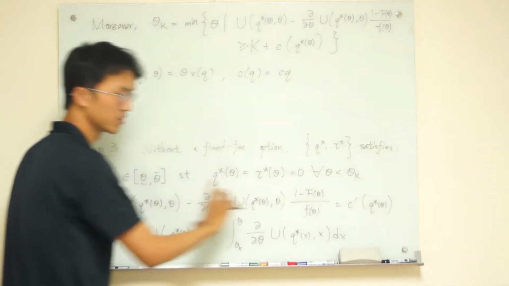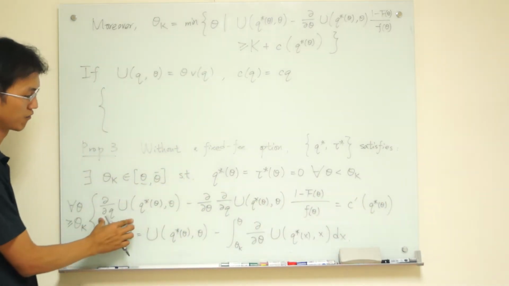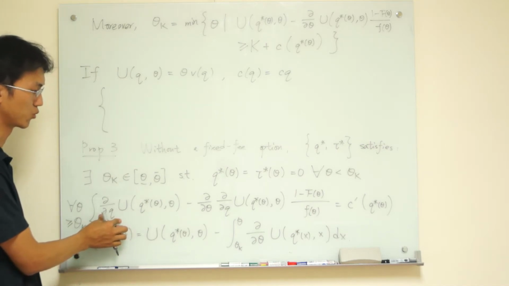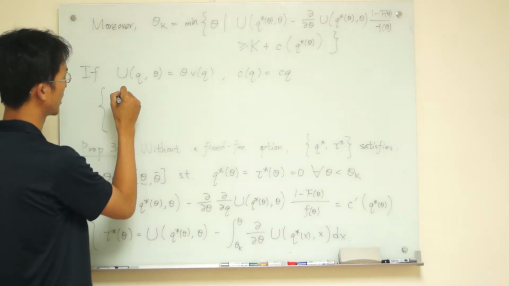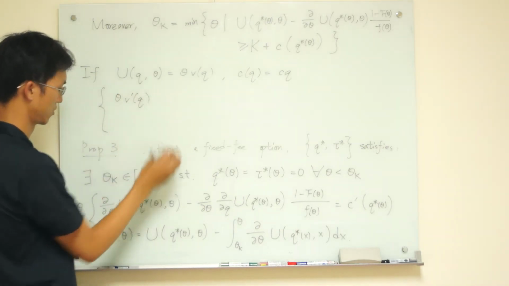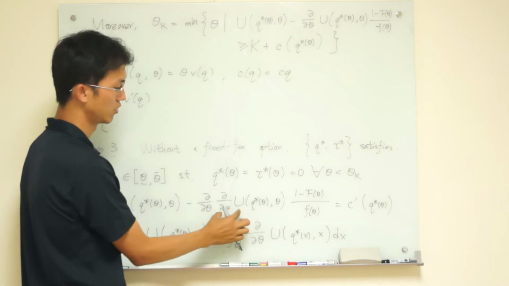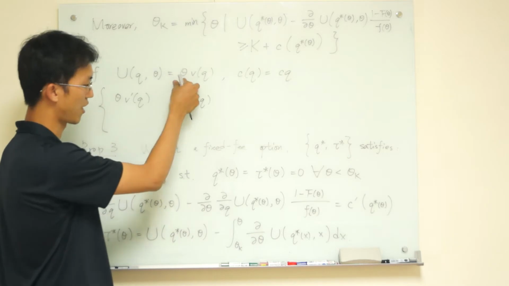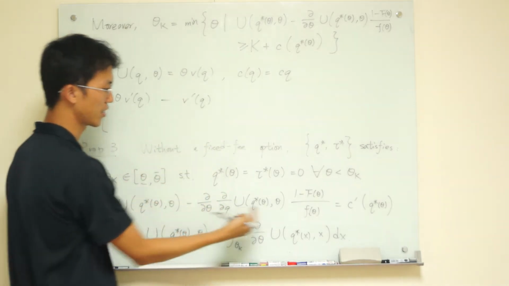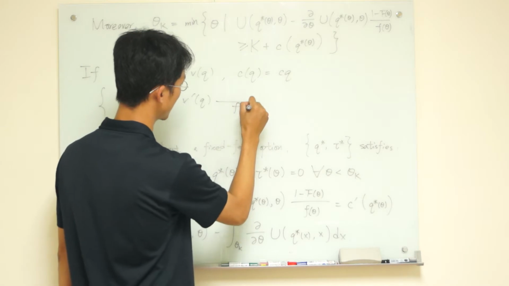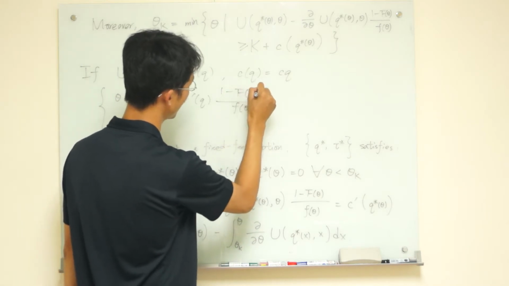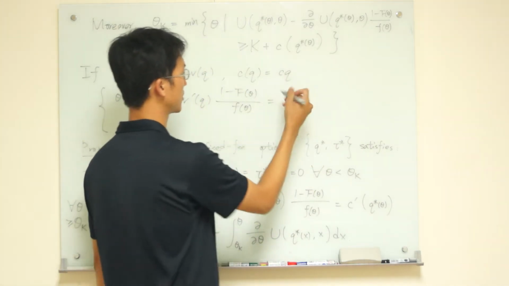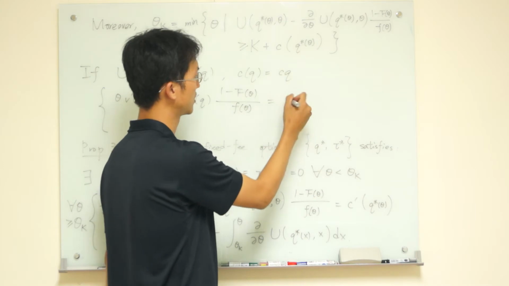Let's translate these two lines. For the first line, the first order derivative of u with respect to q gives theta v prime of q. And then the second term, the derivative of u with respect to q and then theta, multiplied by the inverse failure rate. Finally, this equals C prime, which is nothing but c.